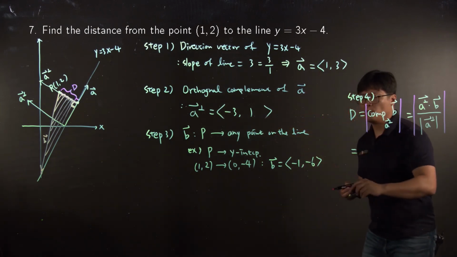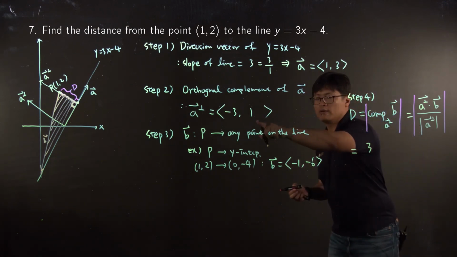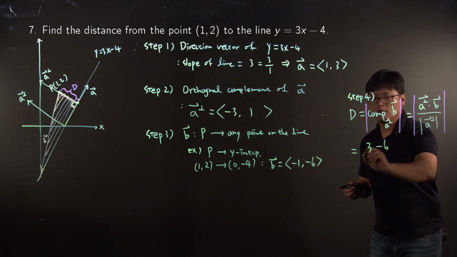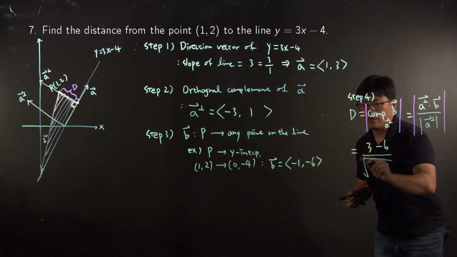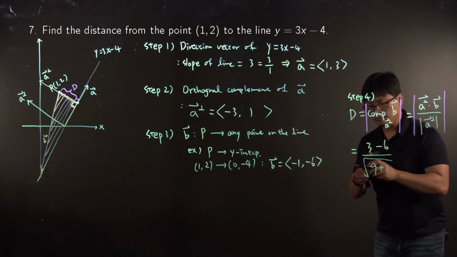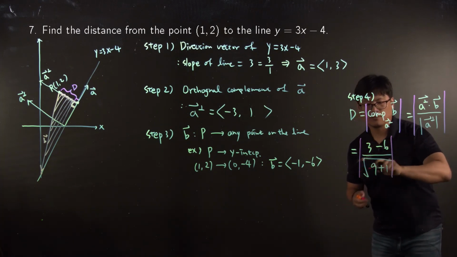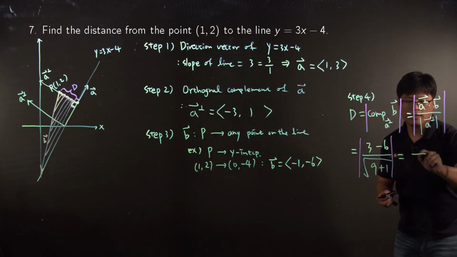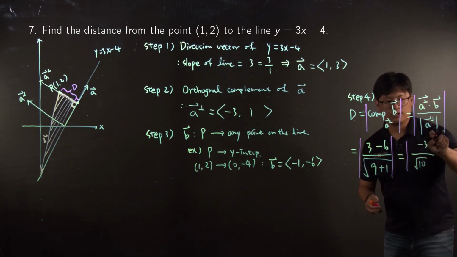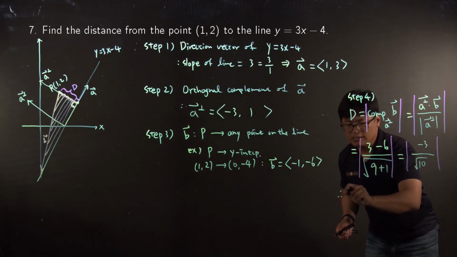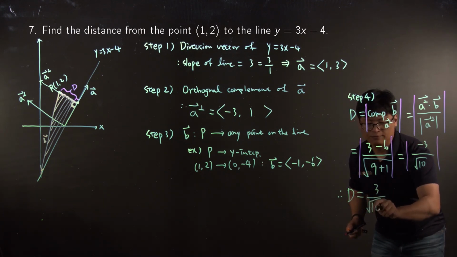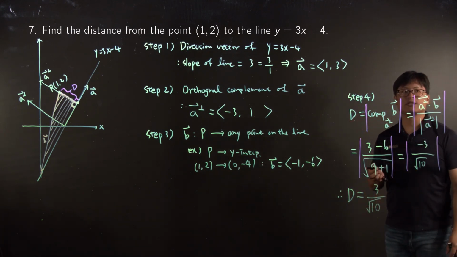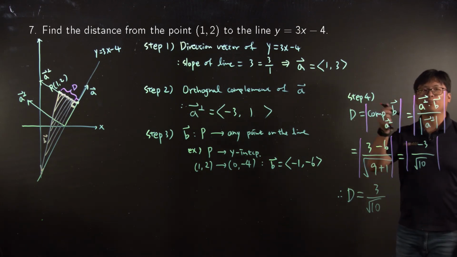Negative 3 times negative 1 is 3, and 1 times negative 6 is negative 6, over the square root of negative 3 squared plus 1 squared, in absolute value. It is equal to negative 3 over the square root of 10, in absolute value. So finally, the distance D is equal to 3 over the square root of 10. This is the way to use the projection to find the distance between a point and a line.